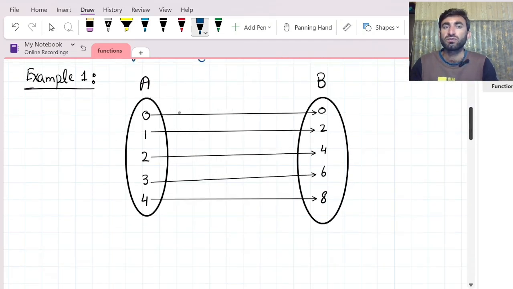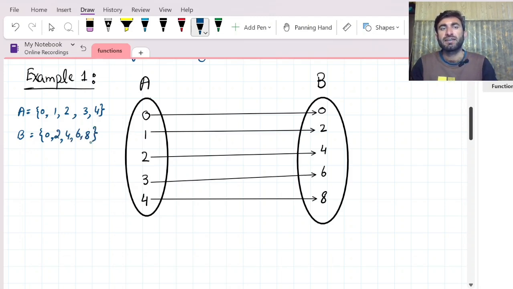Here we have two sets A and B. The elements of A are 0, 1, 2, 3 and 4, while the elements of set B are 0, 2, 4, 6 and 8. And we can see a mapping between the elements of two sets.